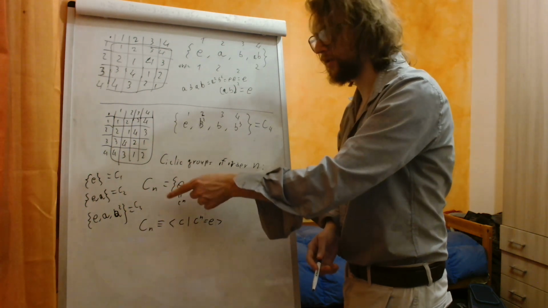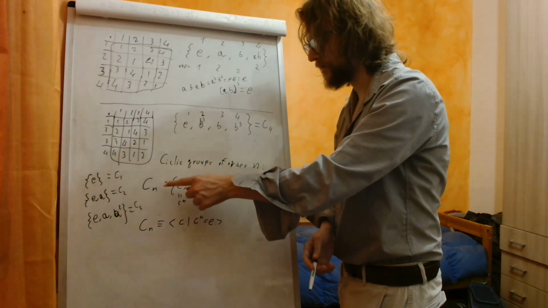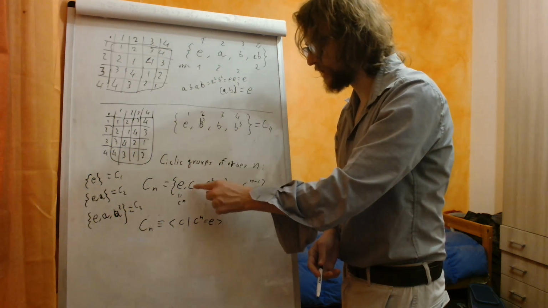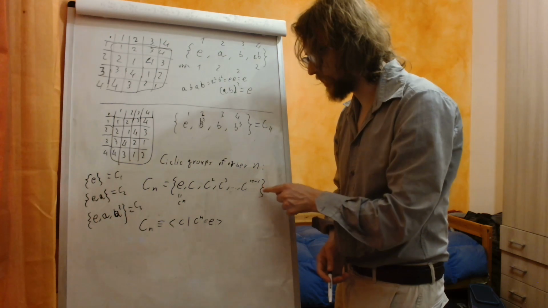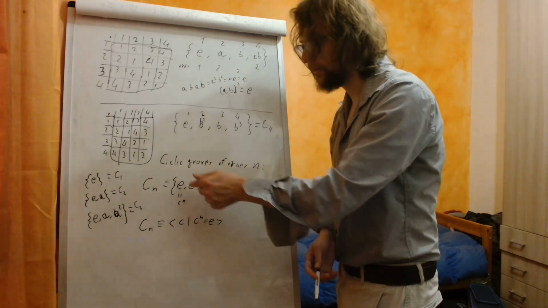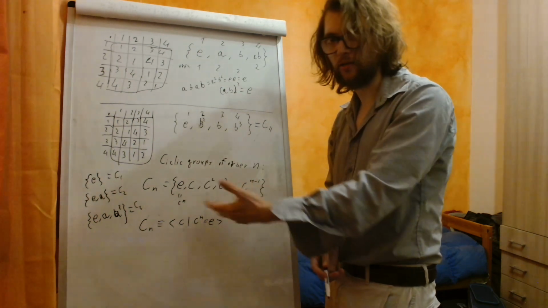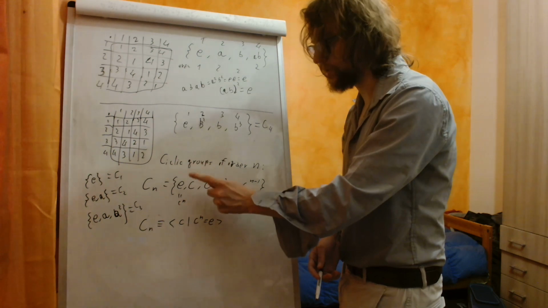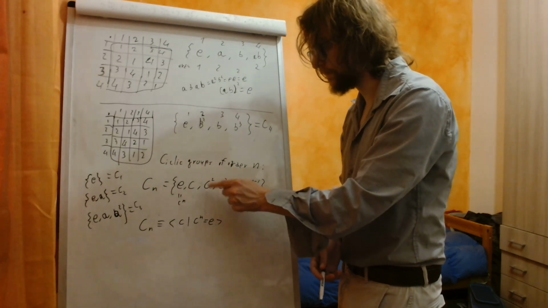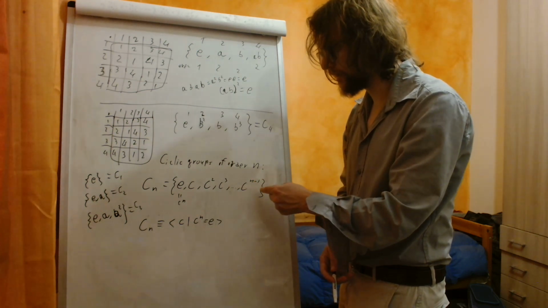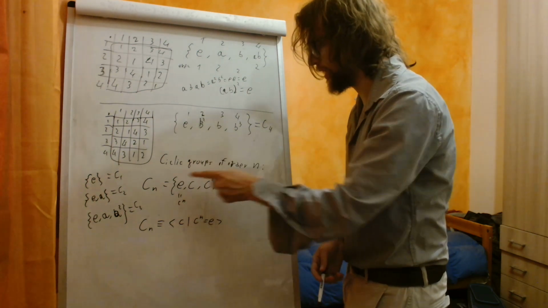In general, the cyclic group of order n is the group which contains all the powers of one generator up to n minus 1, and C to the n, the generator to the nth power, is E. So this is why it is called cyclic, because by repeated application of the generator C, you get C squared, C to the third, and so on, C to the n minus 1, and then you go back to E.